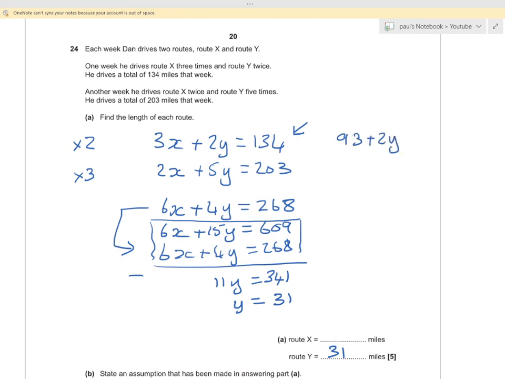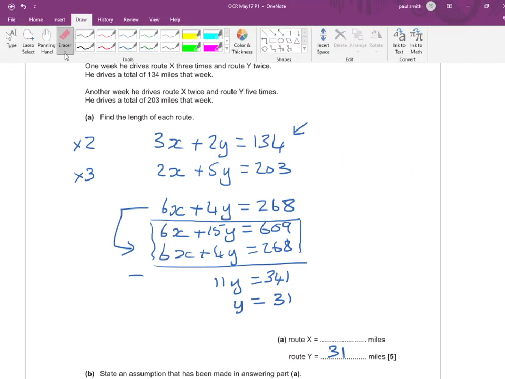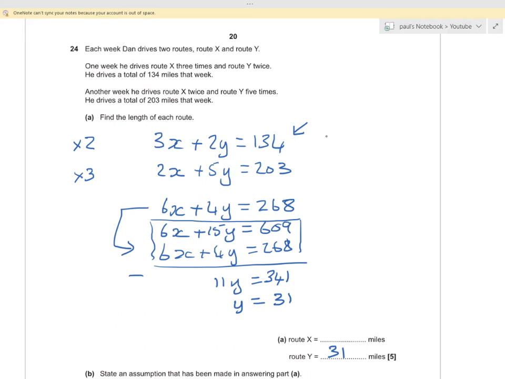Oh hang on, I already know what y is. So 3x plus 2y, which is 62, equals 134. So 3x equals 134 take away 62, which is 72. So x is 72 divided by 3, which is 24.